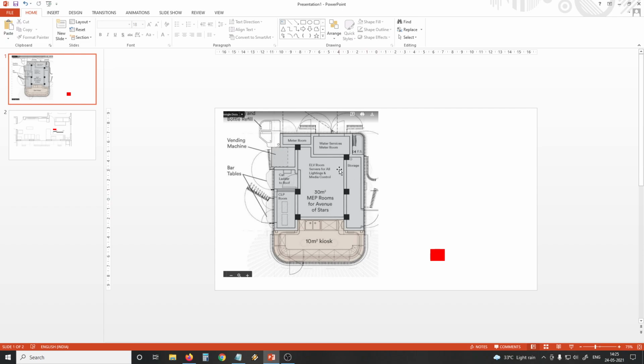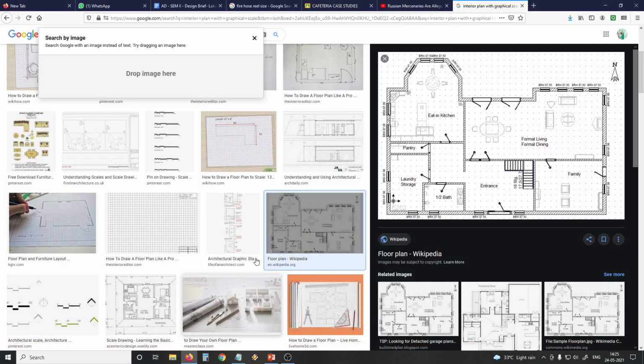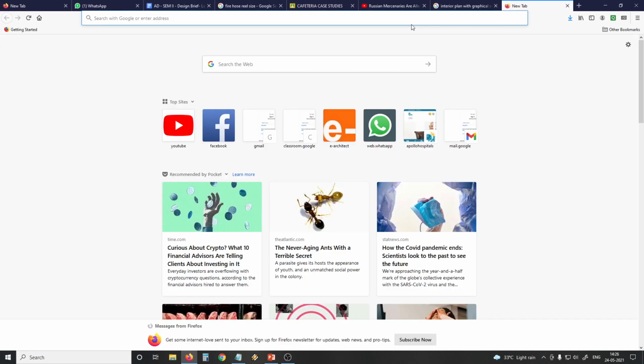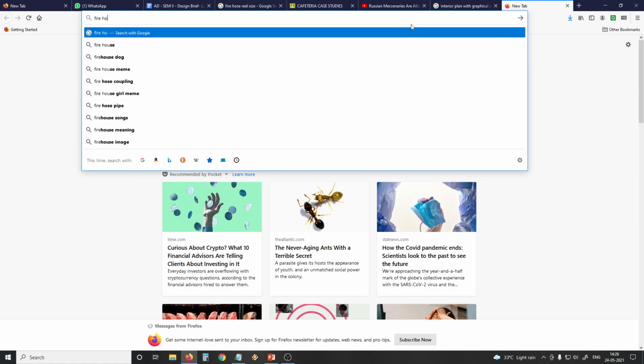Now one thing you can observe here is the size of this drinking water fountain and the size of this fire hose. You might not be aware of this being a fire hose since you're in first year, and you might not have seen anything like this, but this is a fire hose, this part, which you might have seen in your apartment buildings or in some places like that.